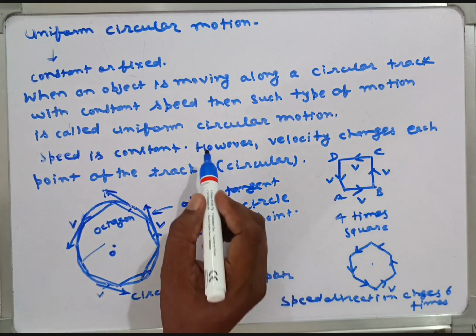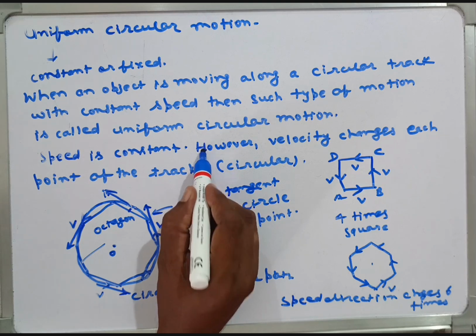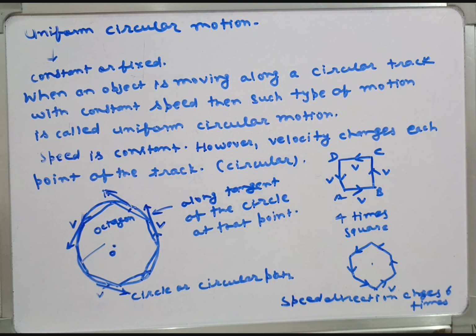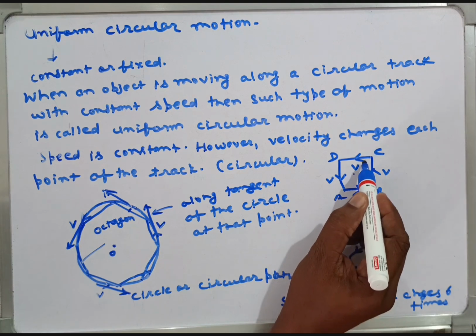So guys, hope you see why we say that at every instant of time the direction of motion of an object in circular motion is along the tangent at that point of the circle. Now consider this case.